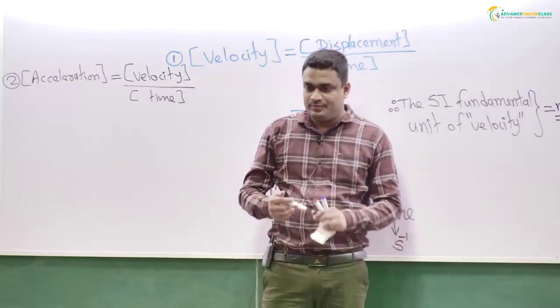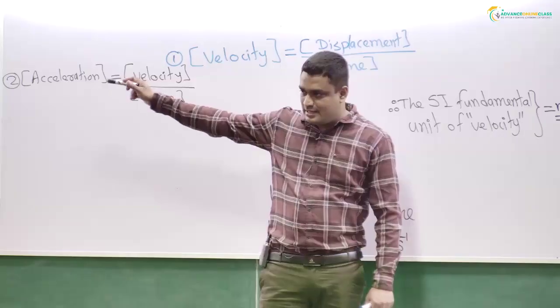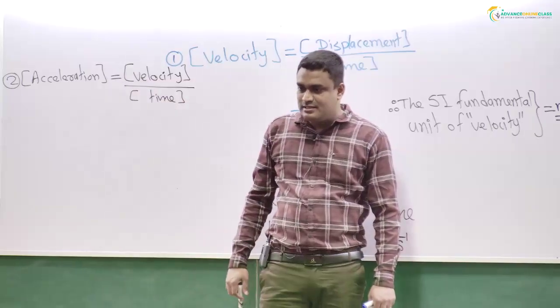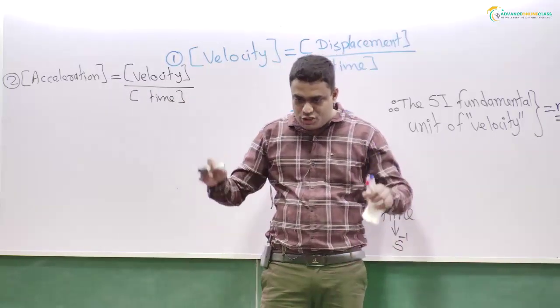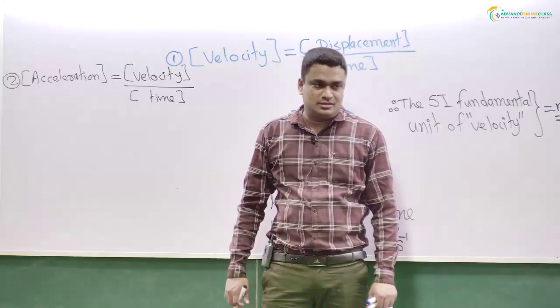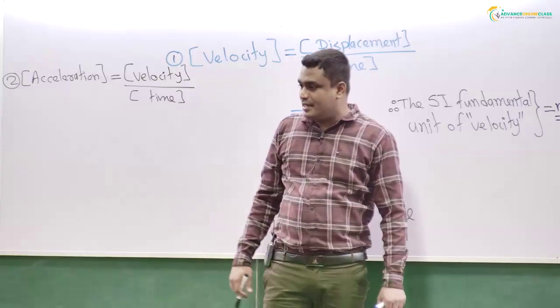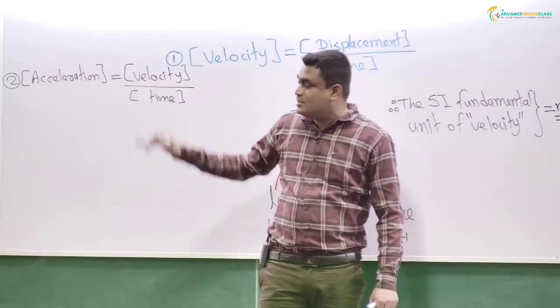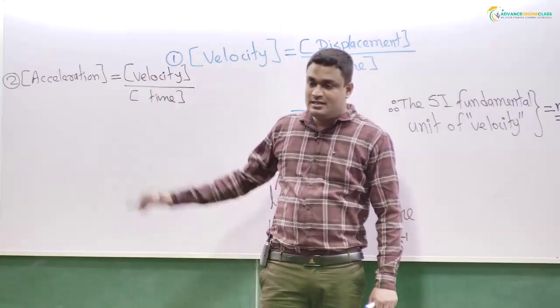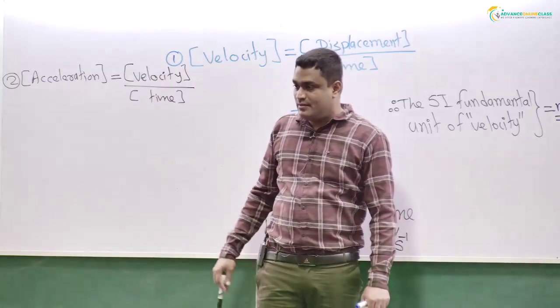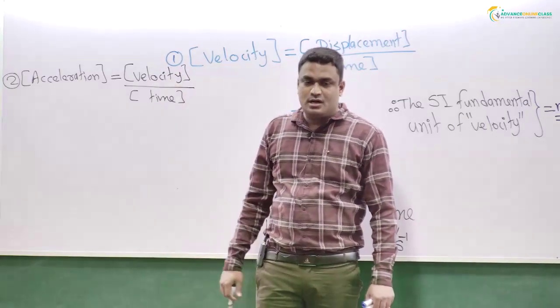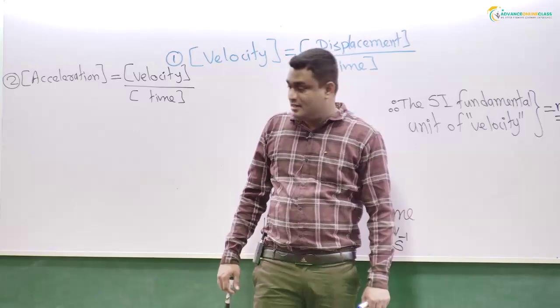When I write acceleration inside square brackets, the meaning is dimensions of acceleration. Acceleration equals velocity over time taken. Therefore, dimensions of acceleration equals dimensions of velocity divided by dimensions of time taken.